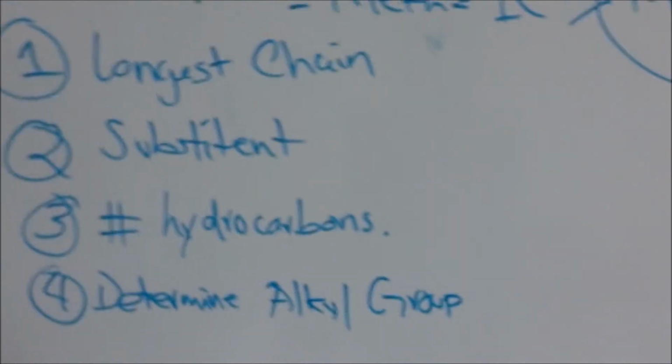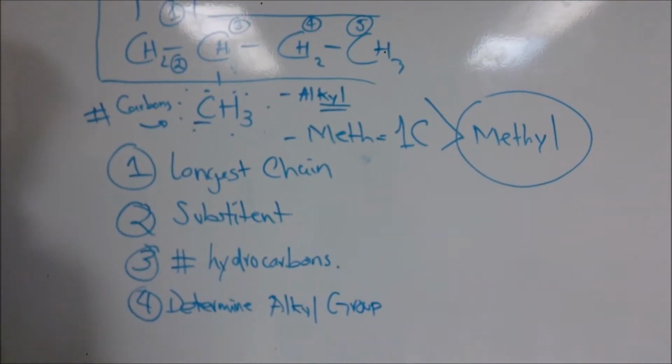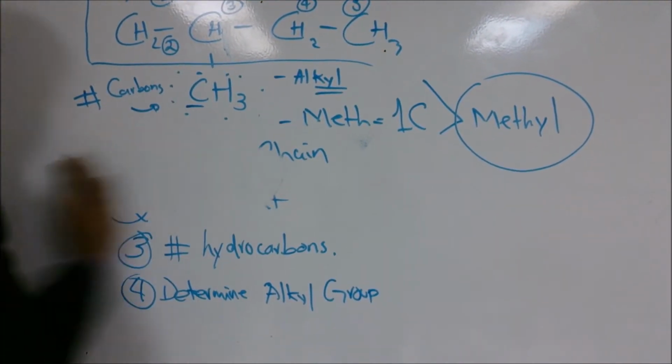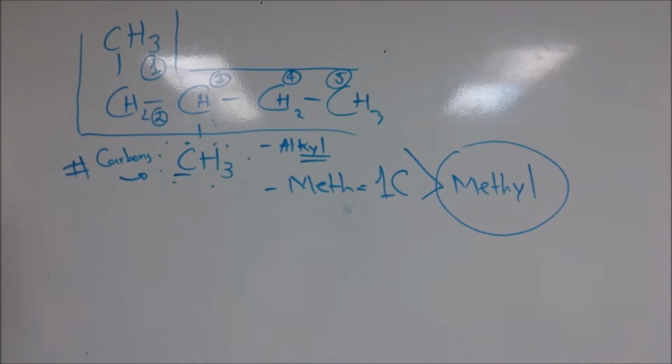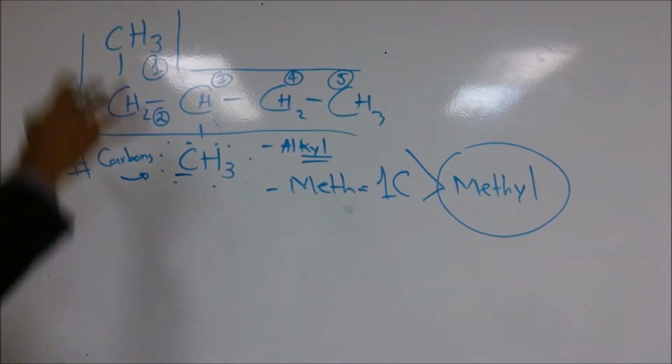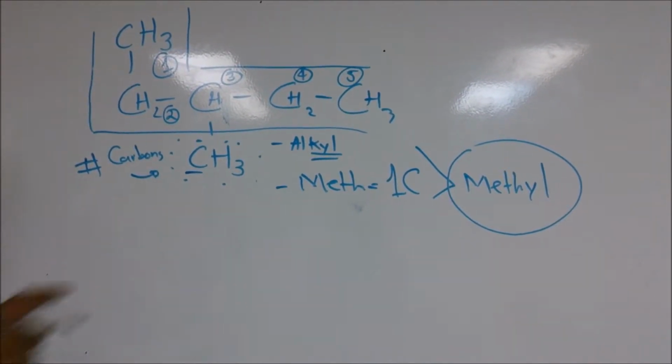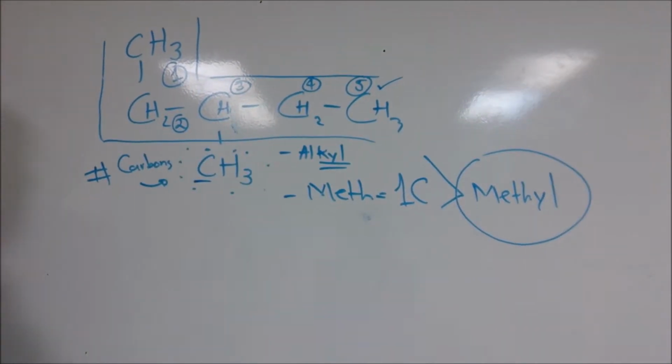Now, to give the final name to the compound, we need to determine how many carbons we have in the primary chain. In the primary chain, we have 5 total carbons.